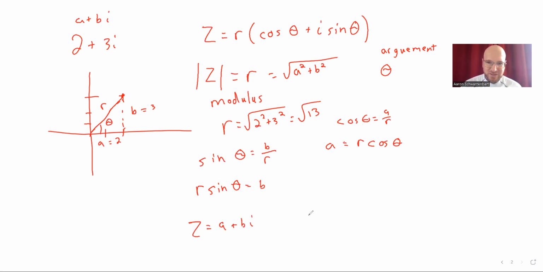I can substitute. a is r cosine theta. b is r sine theta. And then there's an i attached to the end of that one.